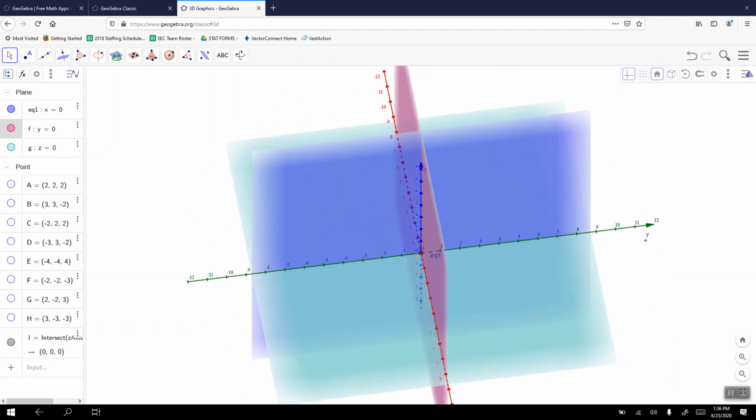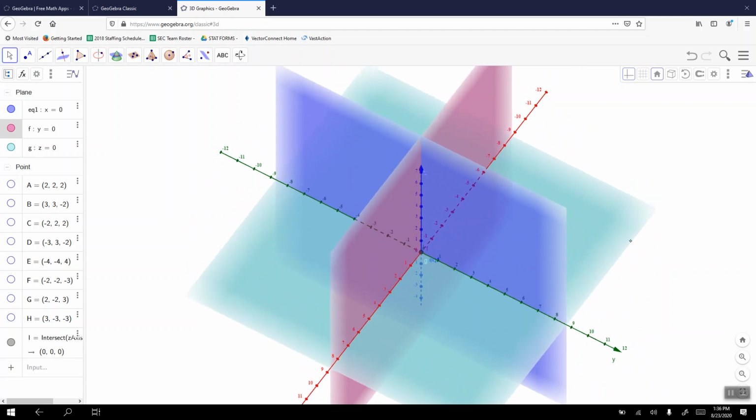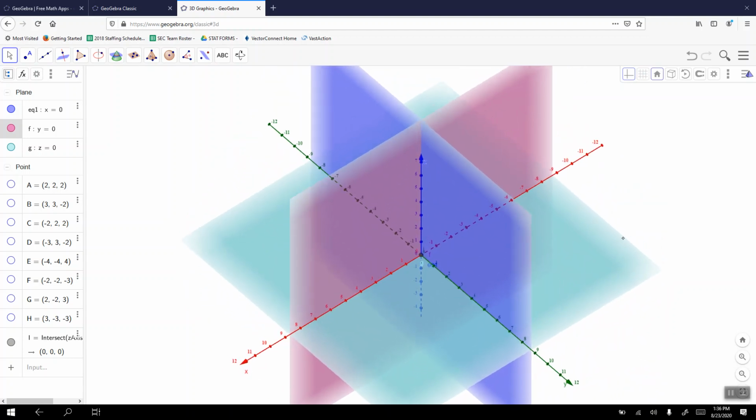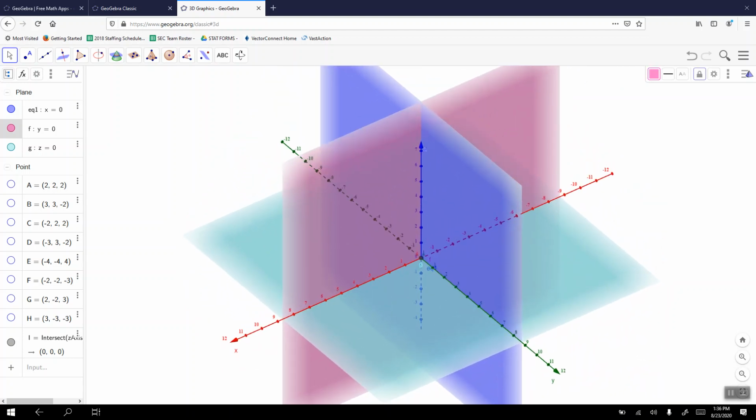And what I have here is that I took the liberty of graphing the planes that go through every single axis. So I have a plane going through the x-axis, I have a plane going through the y-axis, and I have a plane going through the z-axis as well. With that, I took the liberty and I graphed a few points, that way we can see them.